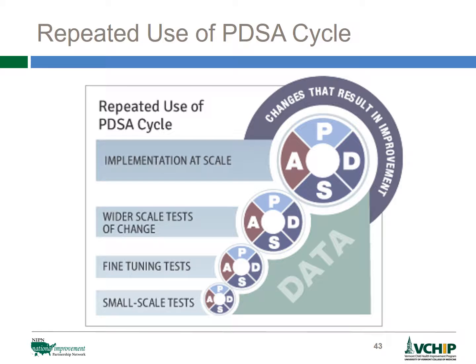Gradually expanding those tests to slightly larger as you fine tune them in a variety of different environments and providers. Doing wider scale tests of change, and then finally doing a full implementation of that change to the whole practice and making that change part of the normal clinic flow so that it can be sustained over time.